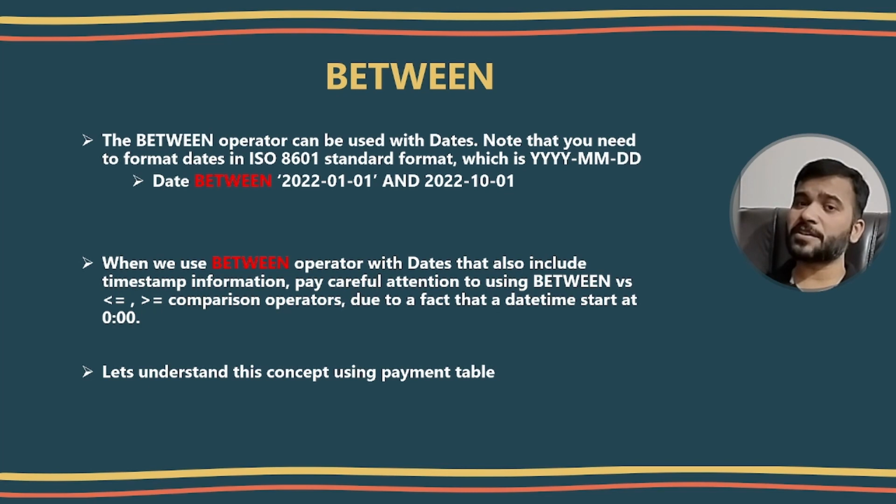When you write 1st of November, that means data from 1st of November 00 hours to 30th of November 00 hours will come. On 30th November after 00 hours, it will not consider that data. So you have to keep this in mind and tweak your BETWEEN values, the low value and the high value, accordingly. If you are not able to understand, don't worry, we are going to use it practically and then I will demonstrate this line.